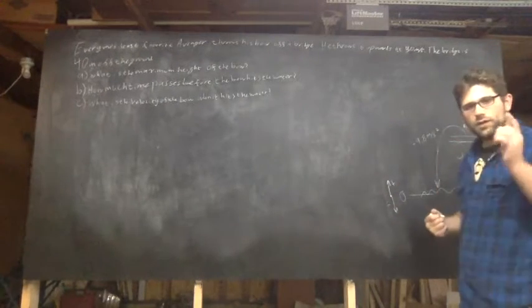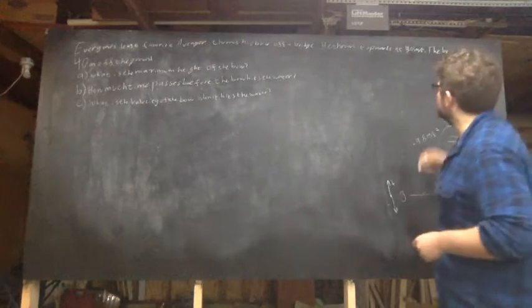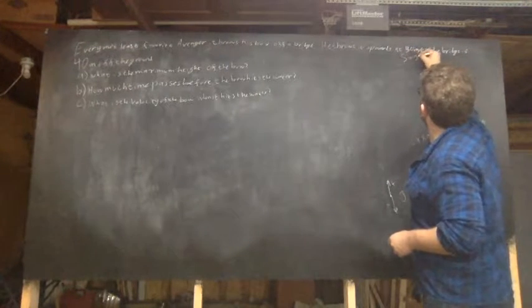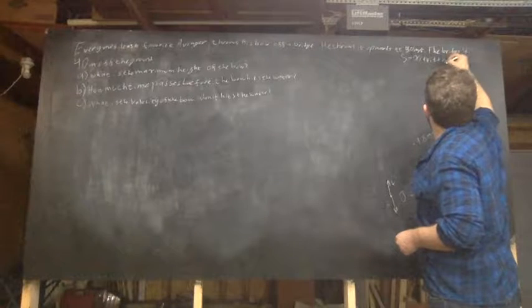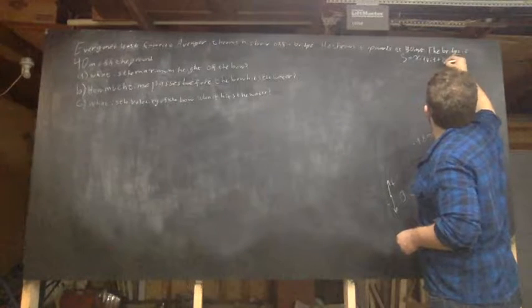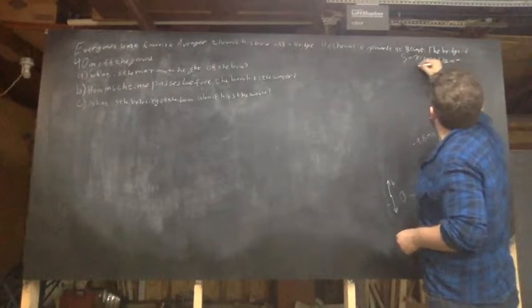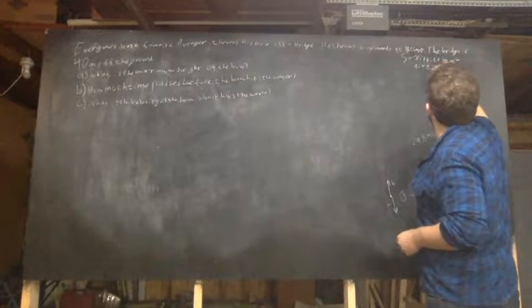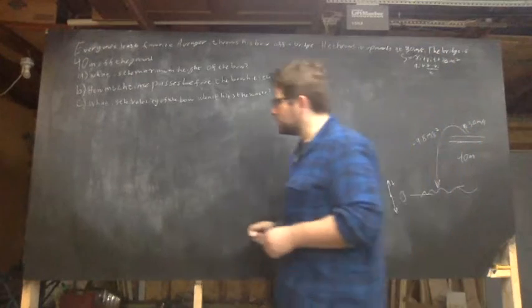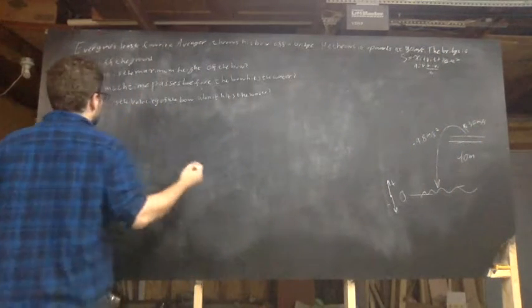Okay, let's set up our equations and our variable lists. S equals xi plus vi t plus 1 half a t squared. And a is equal to vf minus vi over t. Great. And we have another two-parter.